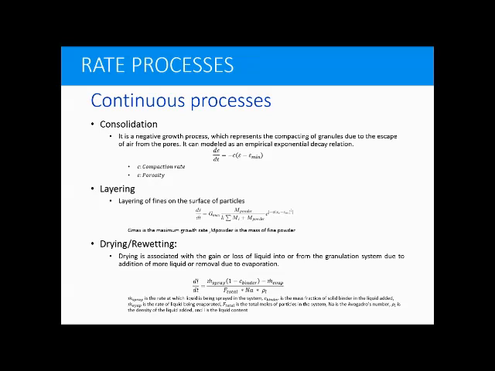It's the loss of liquid due to the evaporation thereof. And if we want to model this, we can do that by describing the liquid content in the particles. So we arrange the particles according to the distribution of their liquid content.